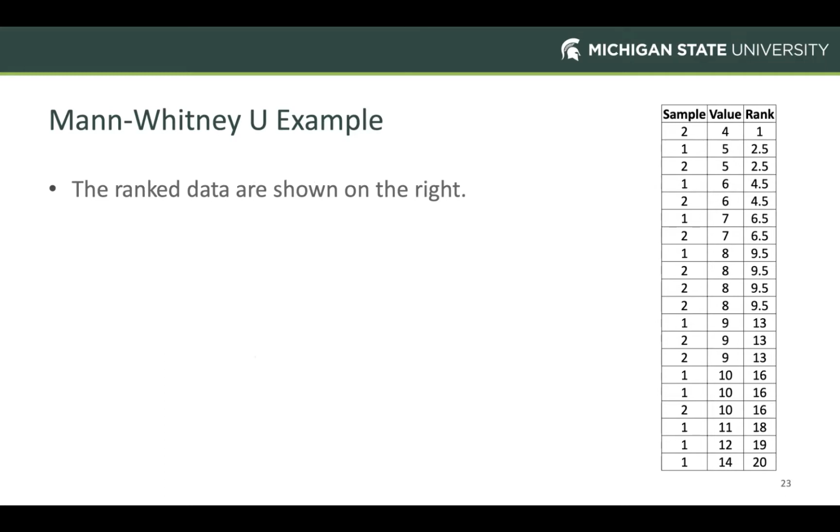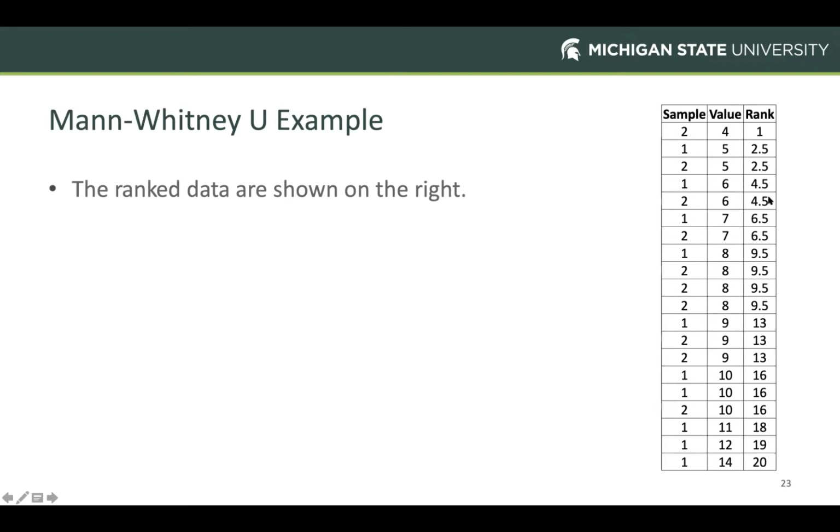And so anytime we run into a tie, we basically average what those ranks would be. So for example, we only have the one observation at 4, so that's straightforward, but we have 2 5s. And so those are the second and third observations. So if we take 2 plus 3, that gives us 2.5. So that's where this number is coming from.